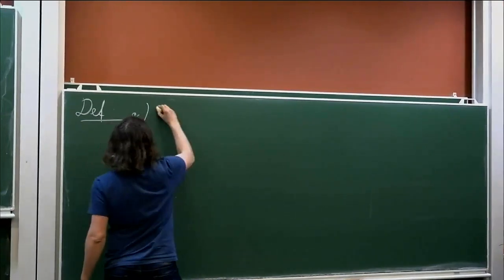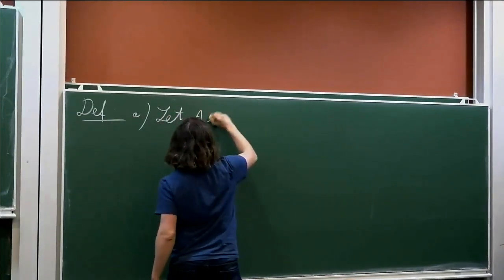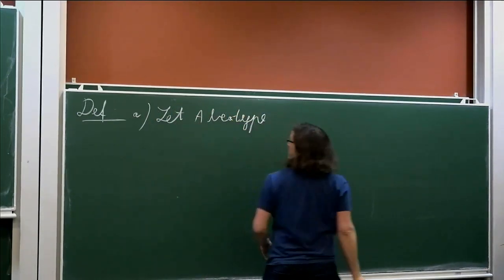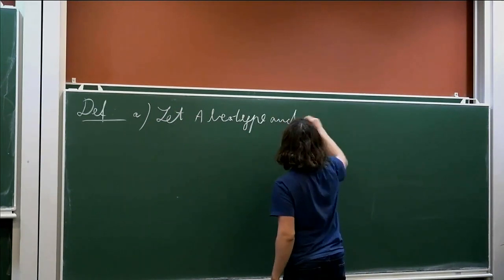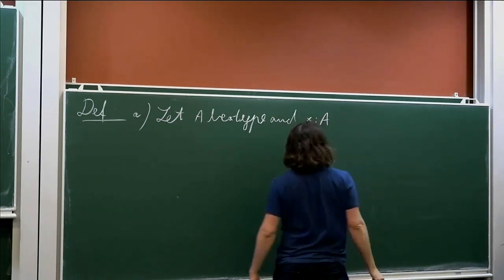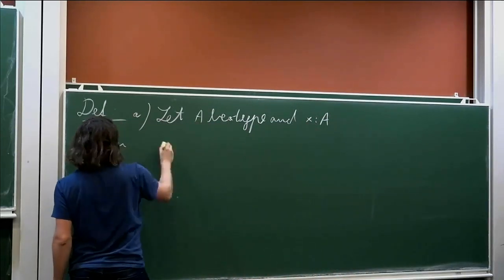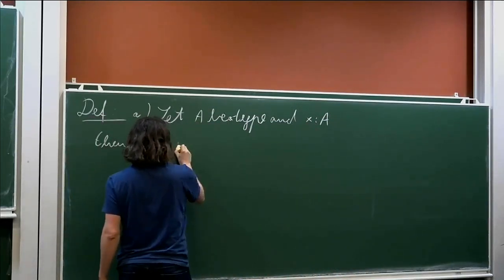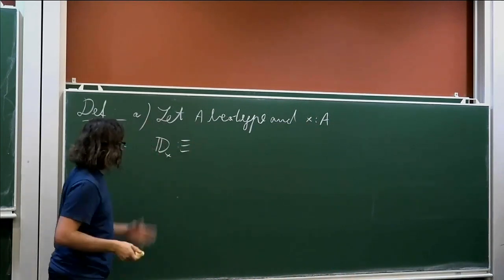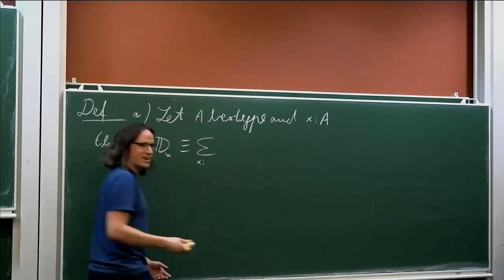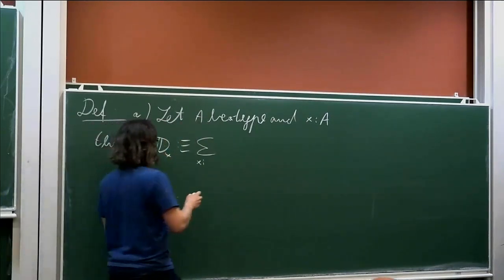So if we have some type A and some point x, then we can define the formal disk. They appeared a lot in those talks and in Eckbert's talk, just as fibers with another special name.